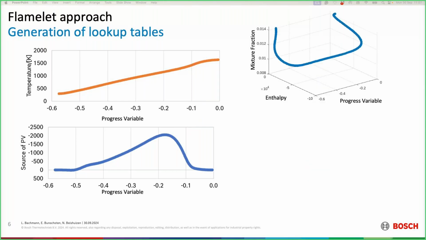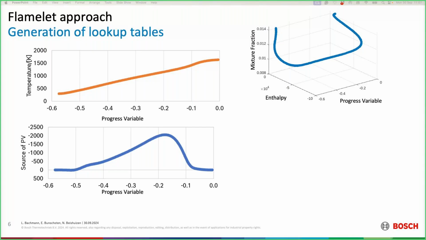Normally, the flame can be described by the progress variable, which again indicates how far the combustion has progressed, and also by the enthalpy. Due to the preferential diffusion, we have this change in concentrations, so we need the mixture fraction as a third independent variable.